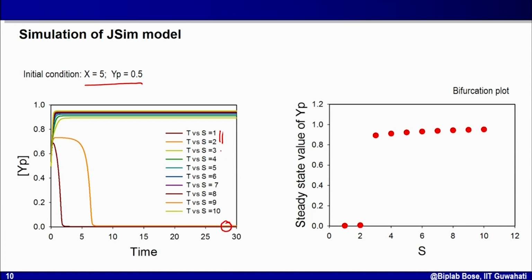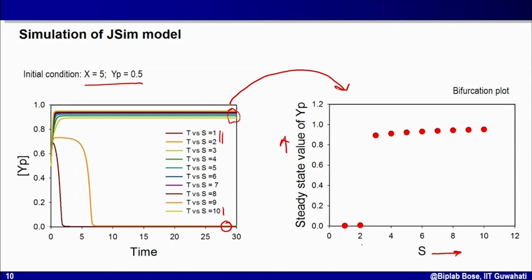For the rest of the values of s, from 3 to 10, the system converges to a higher steady state and those values are very close. So if I now plot the steady state value from this simulation, which is a bifurcation plot essentially, with s on my horizontal axis and the steady state value of yp on this axis, I get this type of data.